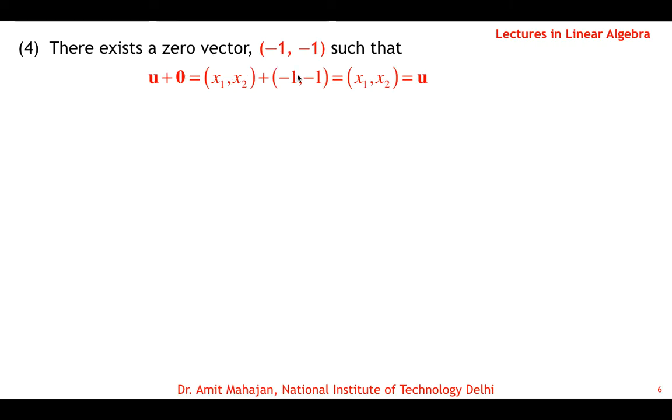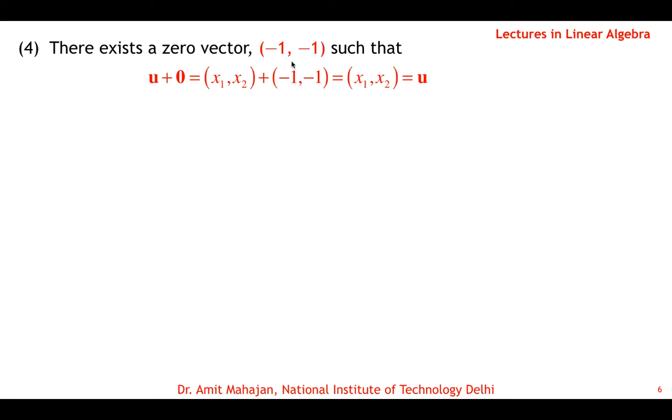If you add these two, the addition rule says the first element plus first element plus 1, so x1 minus 1 plus 1, which is x1, and the second element plus second element plus 1, so x2 minus 1 plus 1, which is x2, and x1 x2 is clearly u. So this property is satisfied: u plus 0 is u, where this 0 is -1 -1.